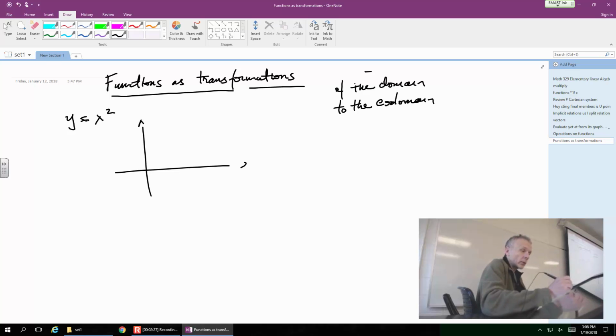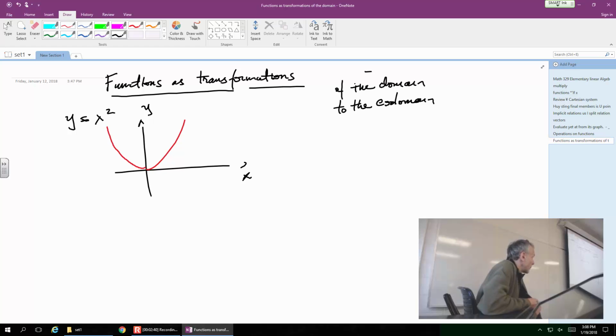So y equals x squared, the graph is this. Graphs are good for visualization of functions, but this is x, this is y, and the trouble with graphs is that they are located in a piece of paper, which is two-dimensional, and then we might have a third dimension also available for us to visualize things.